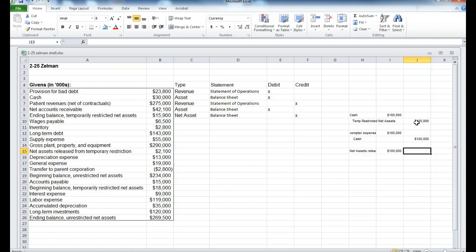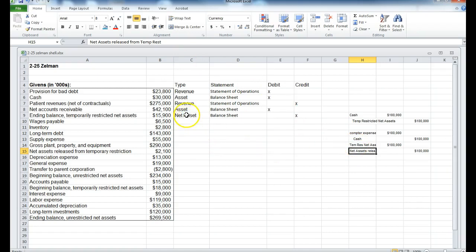So that's actually going to be a credit. And our debit is going to be to temporarily restricted net assets. Right here we had a credit balance of $100,000, so we have to get rid of that. We get rid of that by debiting that by $100,000. So to recap, we pick up the income by crediting the account net assets released from temporary restriction, and our debit is to temporarily restricted net assets.